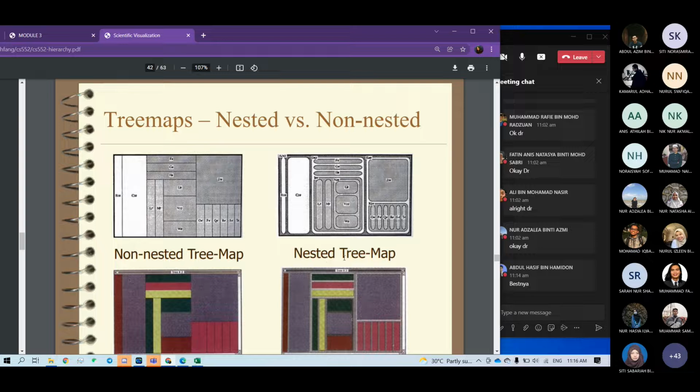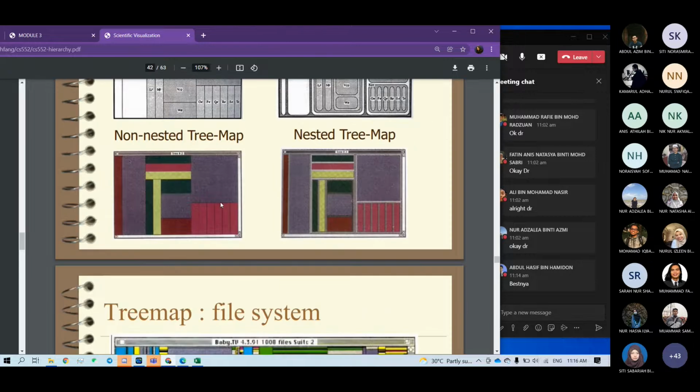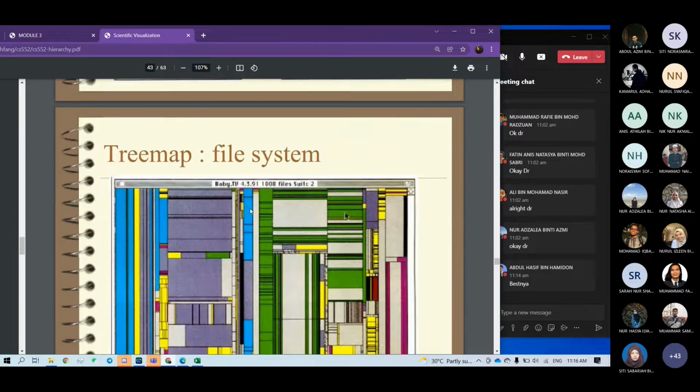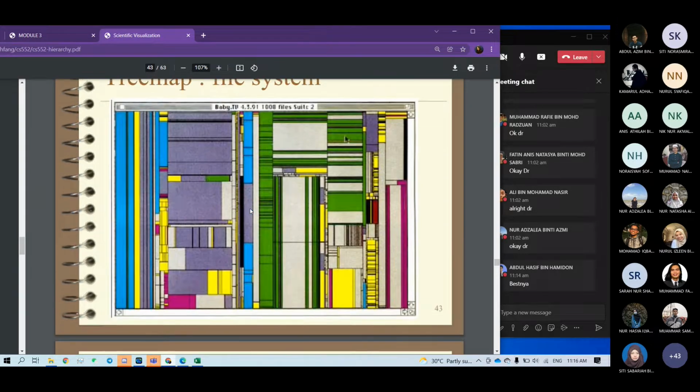And then nested tree. This is nested, you mean you can see dalam besar ni ada lagi dua. So from this one further divide lagi. This is what you mean. Okay. And then you see this one.